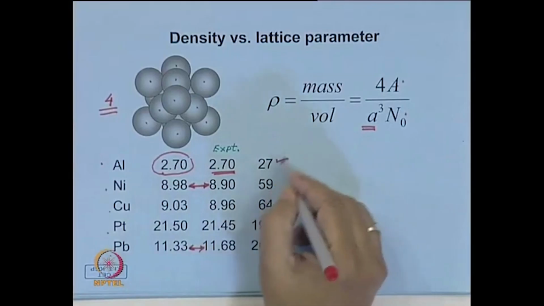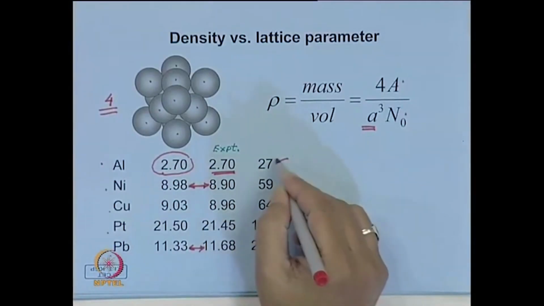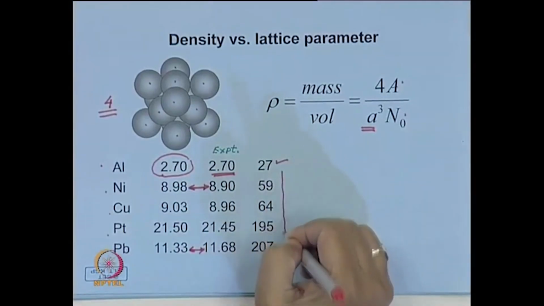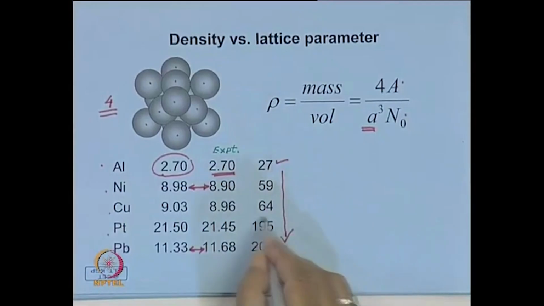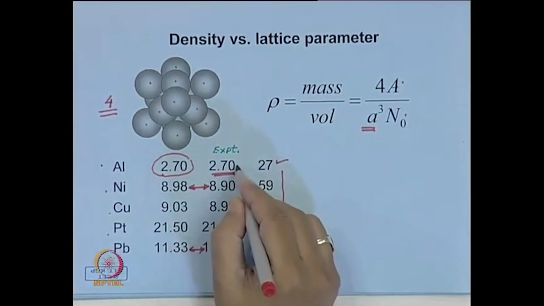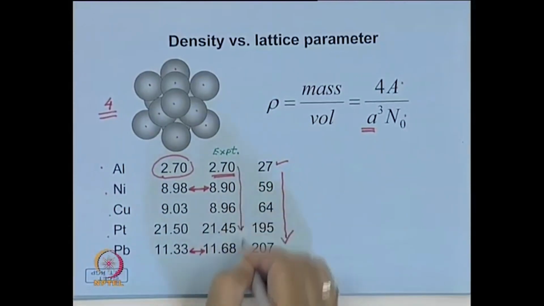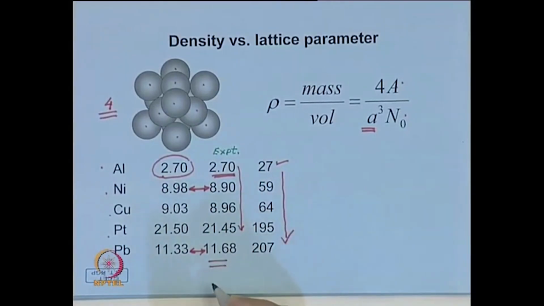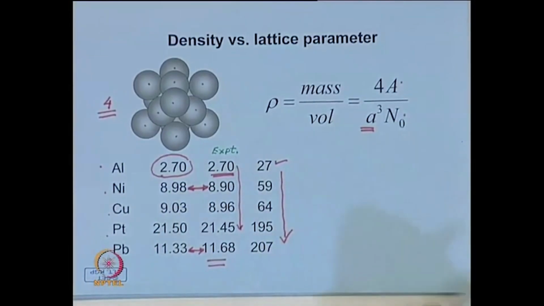Also, you see that as the atomic weight increases down this, the density goes on increasing, but suddenly in this case it decreases. Now, why is it so? Try and find out, and one of the things you can do is question the assumptions that we made.